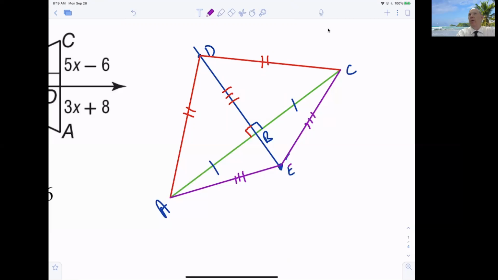So what happens if I put a new point here and call this F? What's true about that point? If I draw from here to here, and I draw from here to here, what's true? Tell me again.